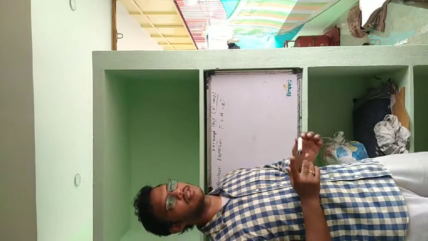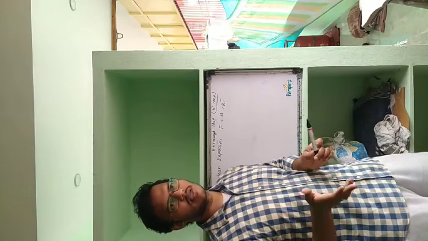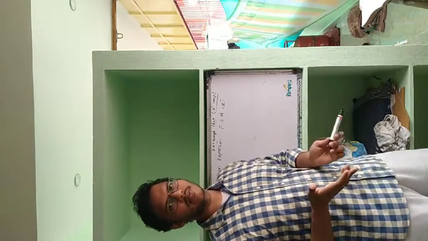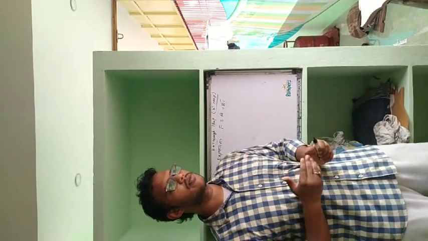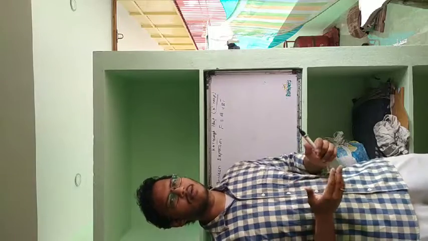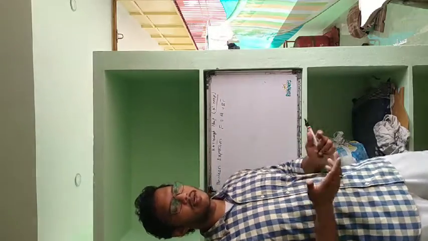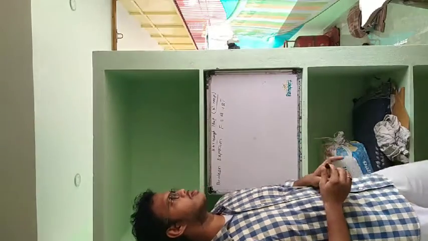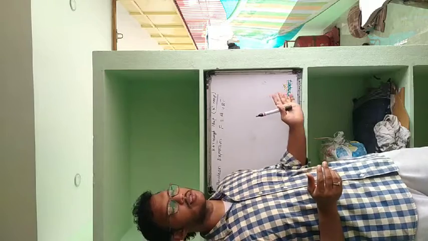Generally the Boolean expression can be solved by the algebraic method, but we have to remember all the formulas for that. This is the easy way to solve Boolean expressions.